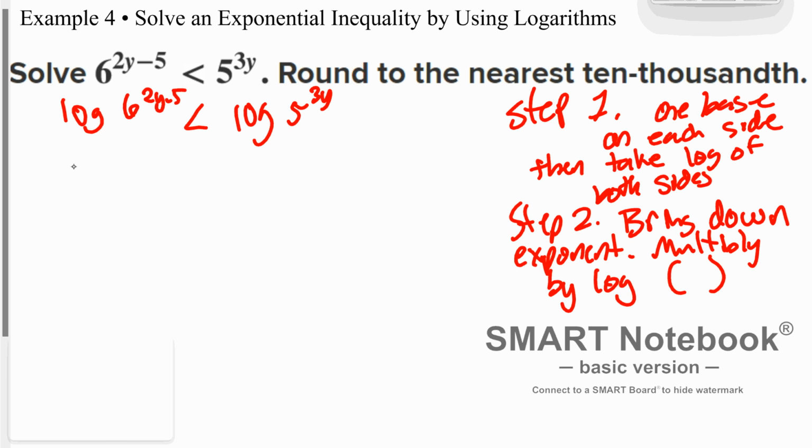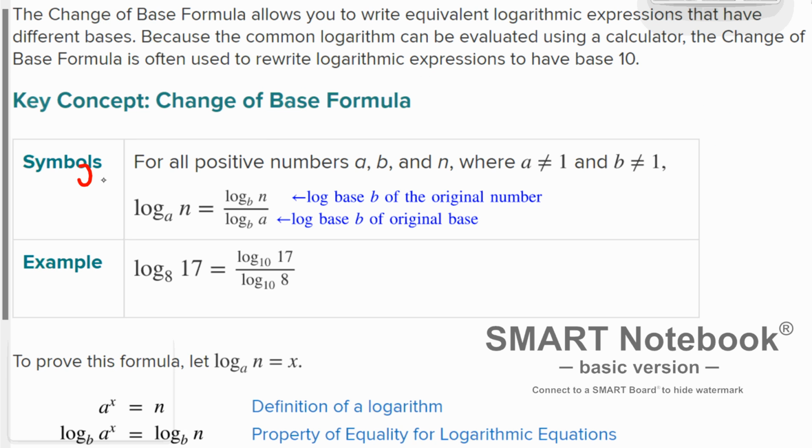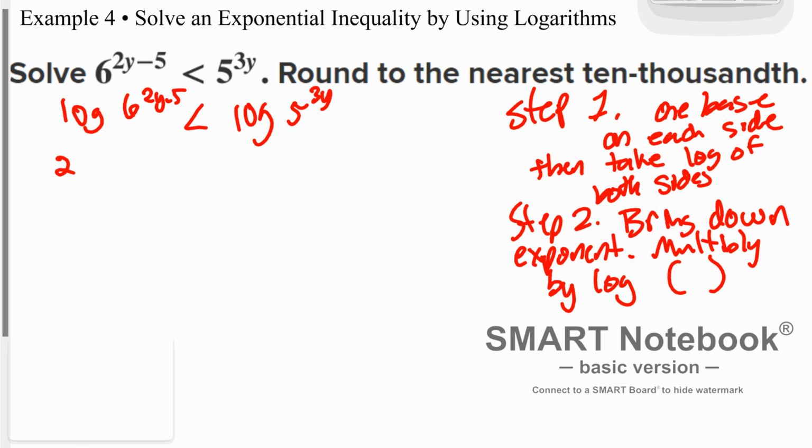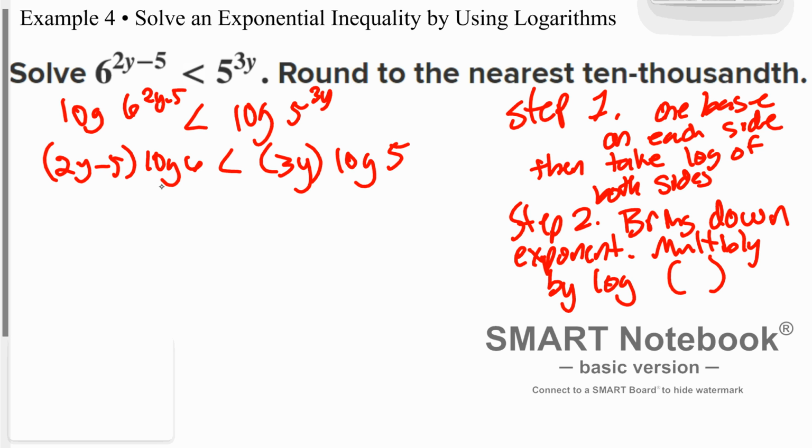So when I'm bringing this 2y minus 5 to the front, I put that in parentheses because that's being multiplied by log 6. And then bring down this 3y, and that's being multiplied by log 5. Sorry, that's just log 6, not base 6.